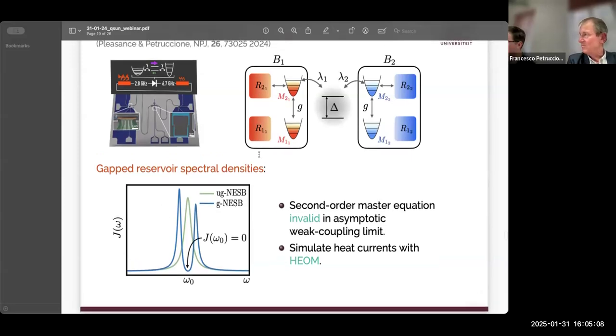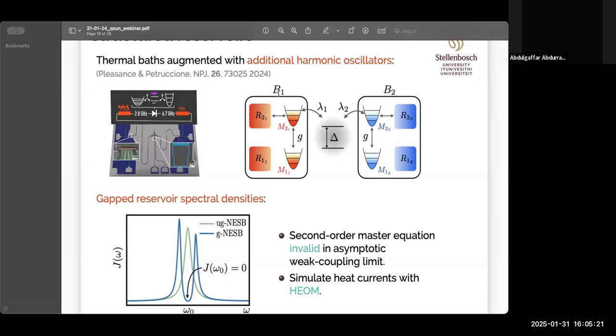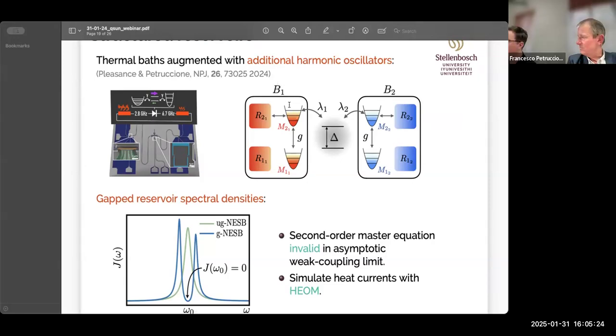Yeah, if I understood your question correctly, in this schematic, R1, R2, etc. are each thermal reservoirs. You also assume that these reservoirs with these oscillators, which here I call B1 and B2, themselves form reservoirs, in the sense that at some initial time we assume them to collectively be in equilibrium, at some temperature which matches the temperature of this other reservoir.